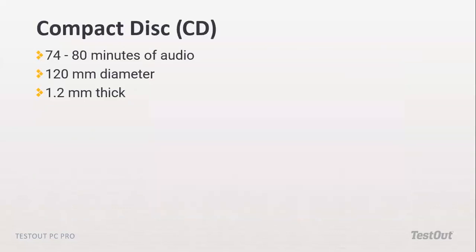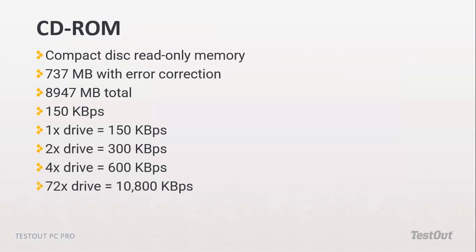So let's look at CD drives. A CD can hold 74 to 80 minutes of audio. It has a diameter of 120 millimeters and it is 1.2 millimeters thick. Those are the dimensions of a CD. A CD-ROM, or compact disc read-only memory, where the RO stands for read-only, has 737 megabytes with error correction.